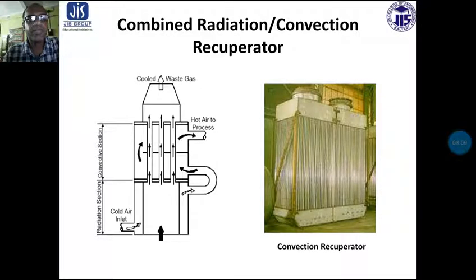In a convective or radiative hybrid recuperator, as shown in the figure, a number of parallel tubes form the convection section, and it has a radiation section also.